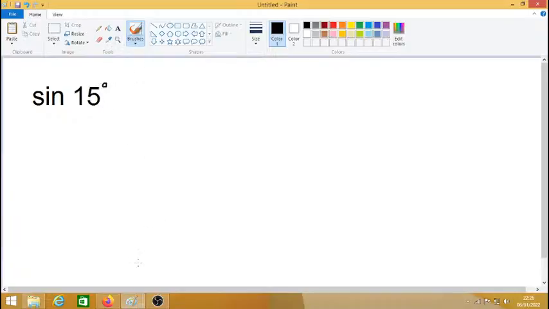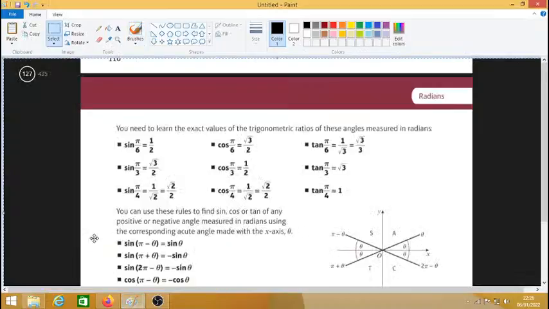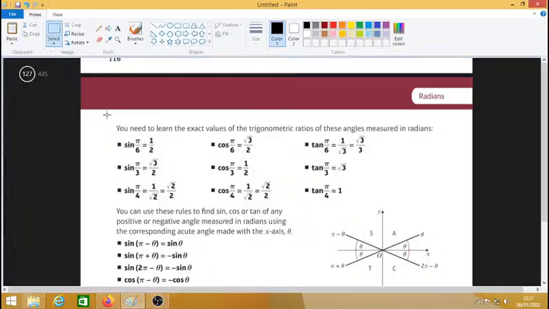So the first thing you want to take a look at is what combination of answers that you've already memorized would get you to sine 15 degrees. So let's take a look at the ones you've memorized earlier in the course.